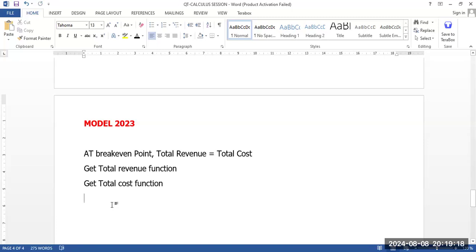Because you're trying to get the break-even, at what point can you break even? Break-even is that point where you have recovered your initial investment. At that point, there is no gain, there is no loss. What you have received as total revenue is equal to what you invested in terms of costs.